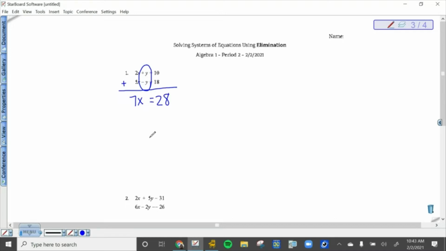Now, how do I solve for x? Divide by 7. Divide the other side by 7. 7x divided by 7, that's 1x, equals, what's 28 divided by 7? 4. So x equals 4.